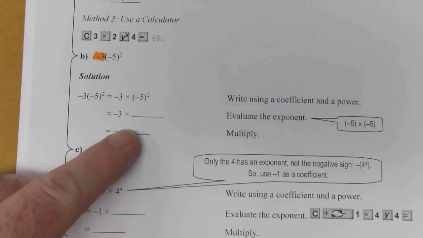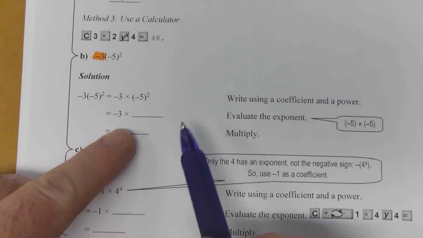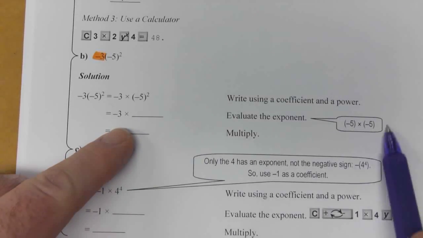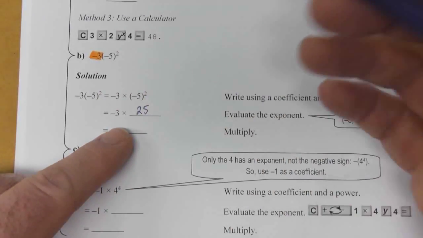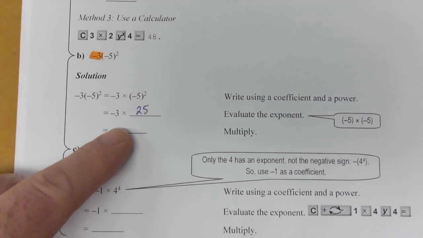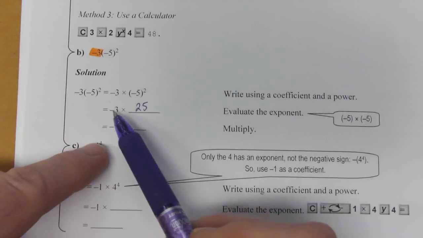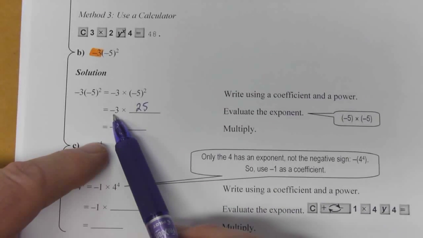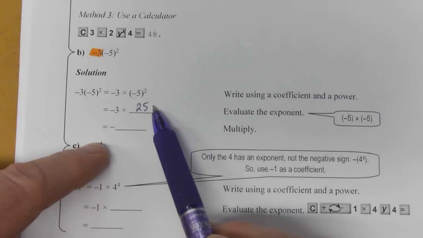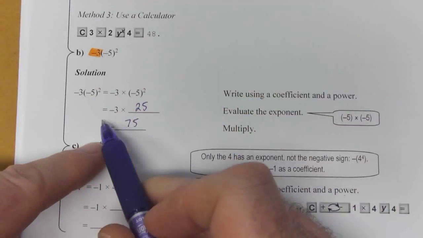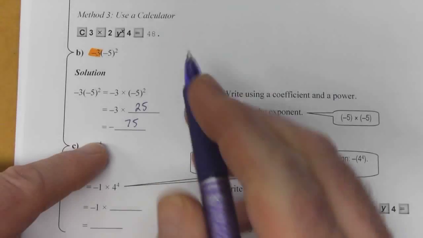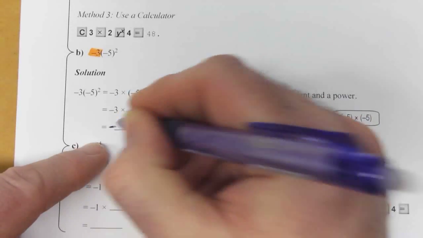And we can evaluate that -5 squared. -5 times -5 is 25. Negative times the negative becomes positive, so we don't have to worry about the negative on that part of it anymore. But the negative is still here on the coefficient. So then we're left with -3 times 25. Well, 3 times 25 gives you 75. The negative times the positive, well, that gives you a negative. So it's a -75.